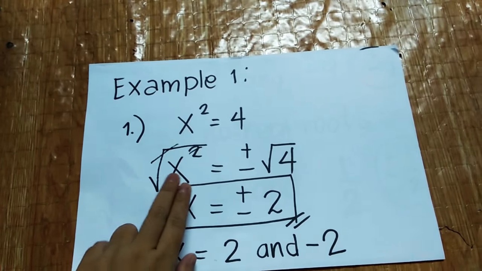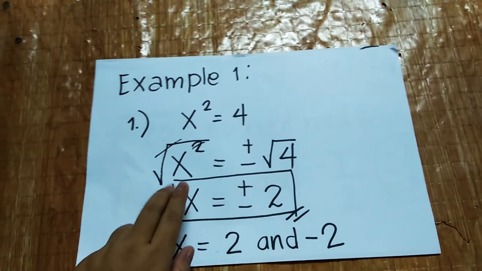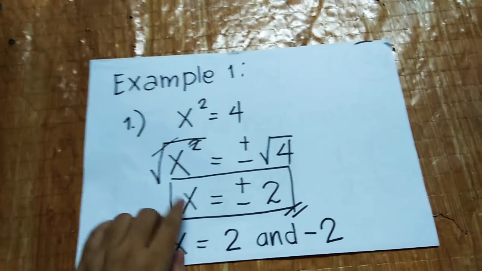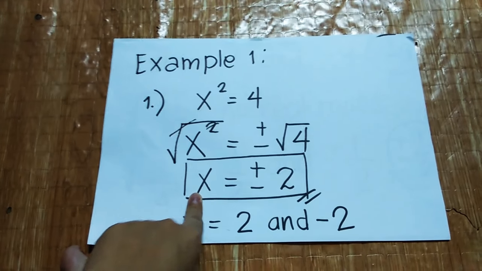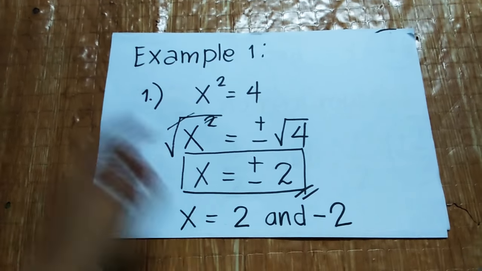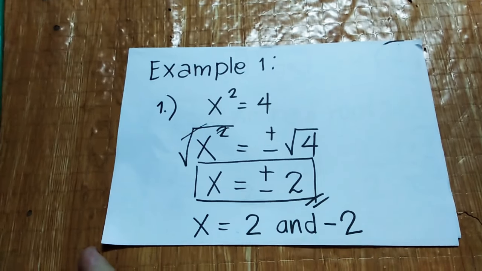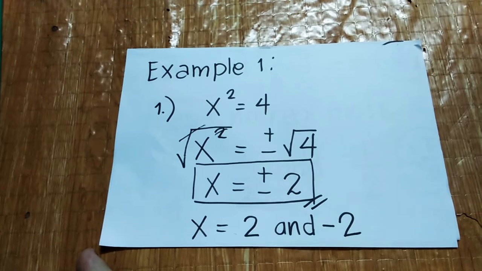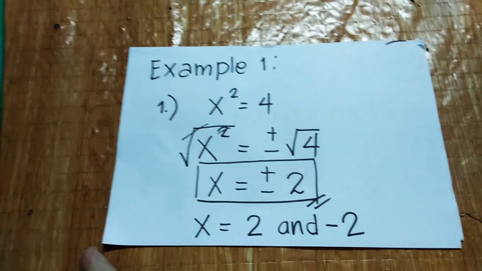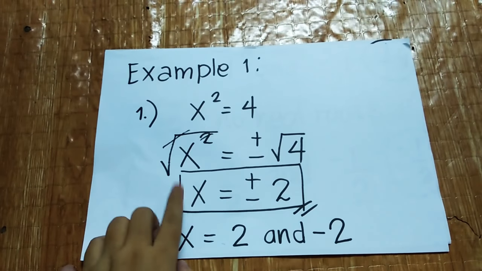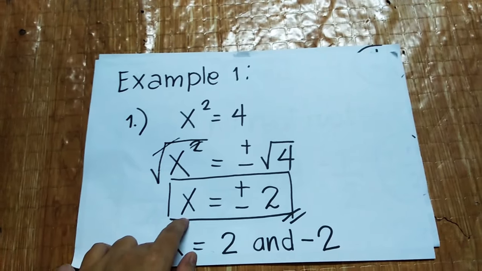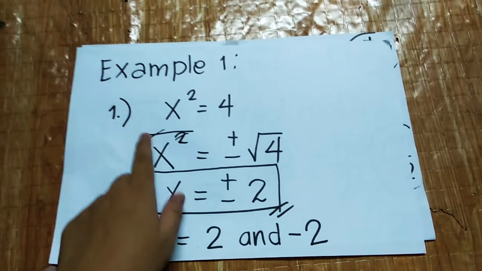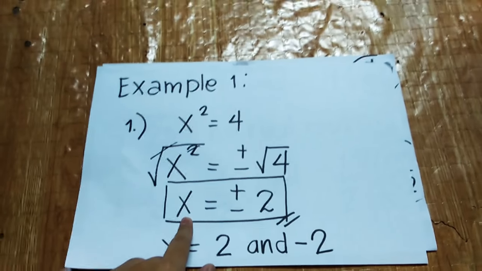Now we take the square root of x squared. The square root of x squared is x. Let's try: x times x is x squared, because when multiplying variables, we just add the exponents. So the square root of x squared is x, or simply cancel, and x remains.